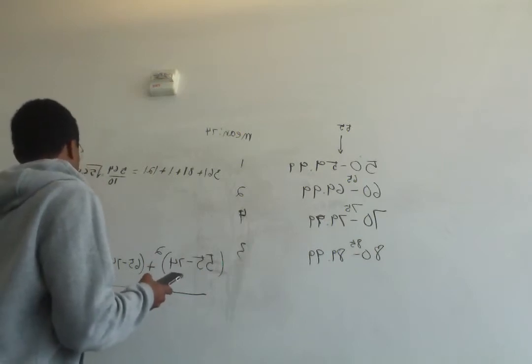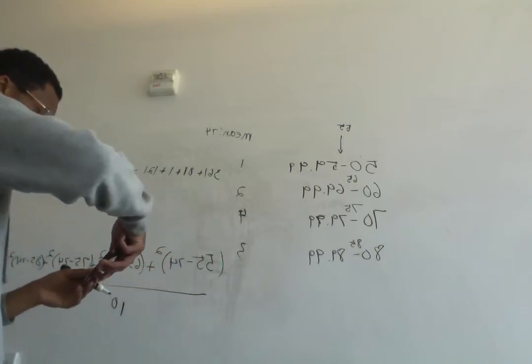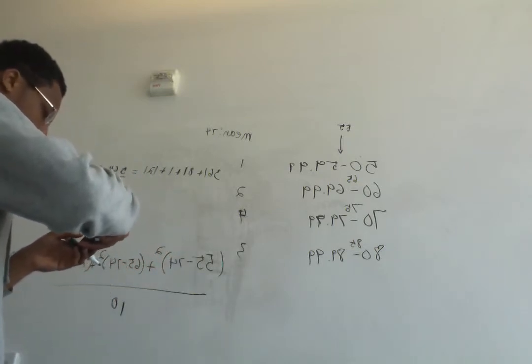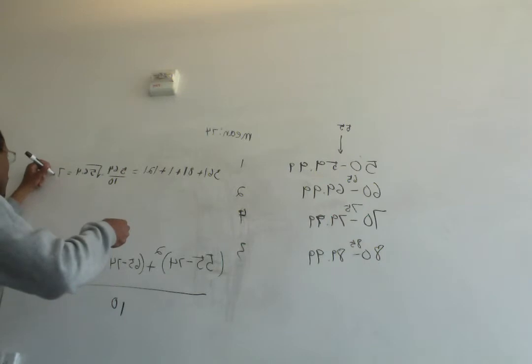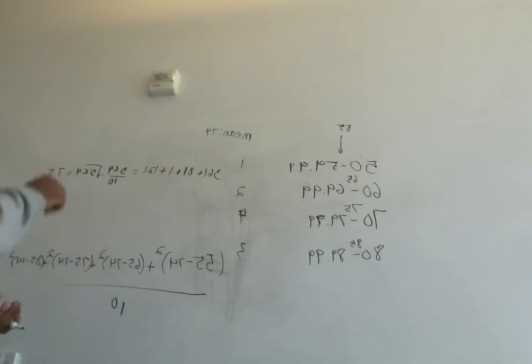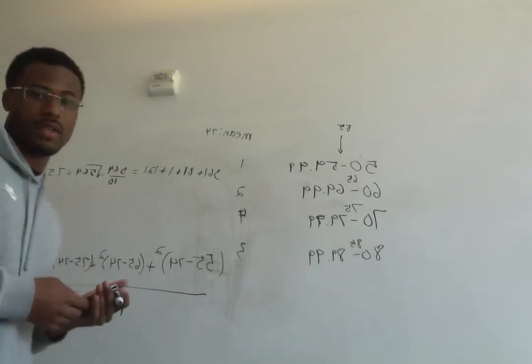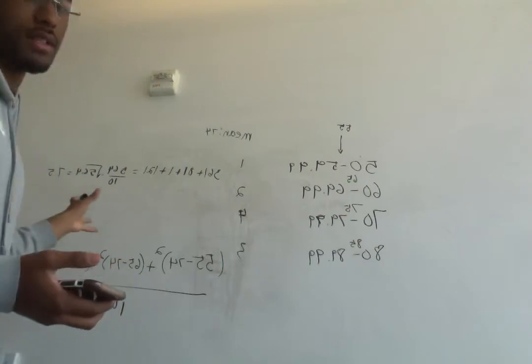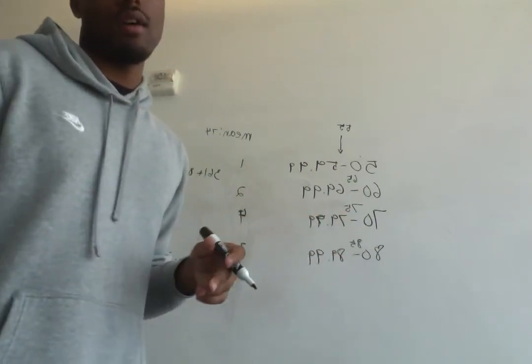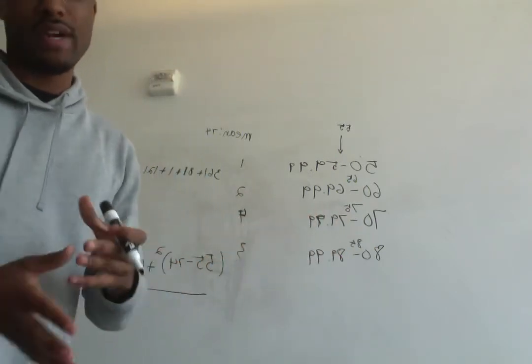And you find the square root of that, which comes out to 7.5. So that's basically how you find the standard deviation of a range of scores.